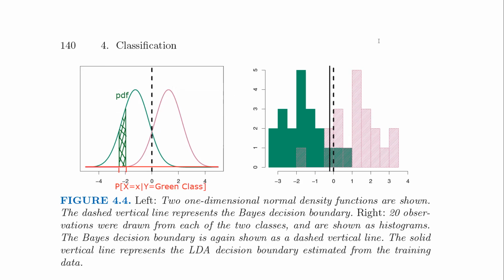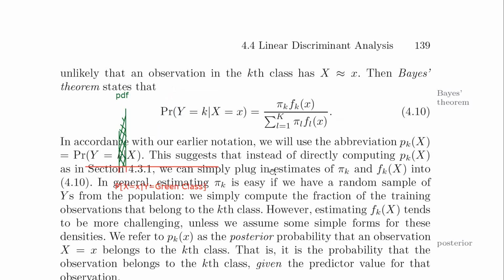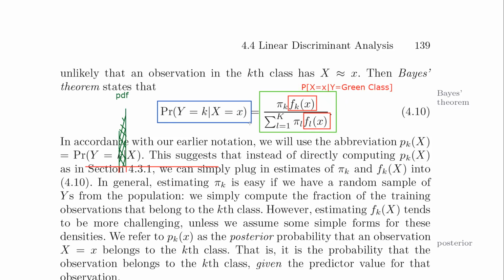This is then used in Bayes' theorem being this one. The red is these FKs, these FLs. And what Bayes' theorem does is this expression swaps the conditionals around to produce what we are in fact after.